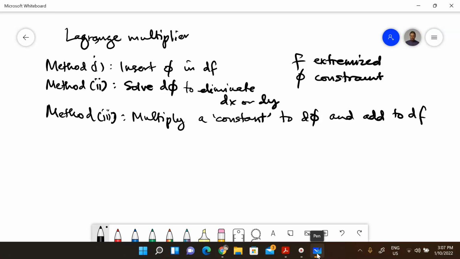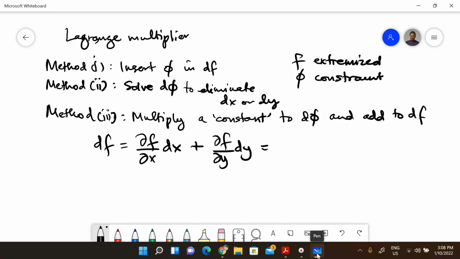So let's look at that. What's df previously? df is partial f partial x dx plus partial f partial y dy, and this is going to be extremized, so you set this equal to 0. And then your constraint is written in such a way that phi equals a constant. When phi equals a constant, the differential of phi is equal to 0.